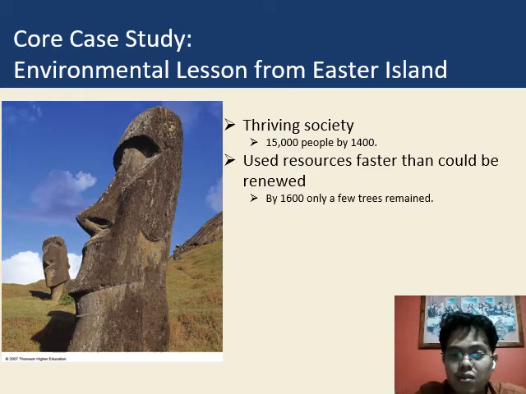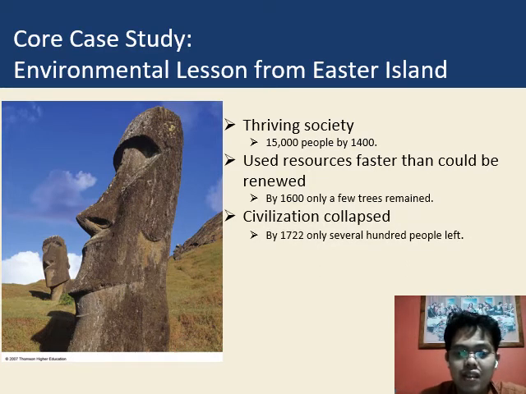But they used resources faster than they could be renewed. So by 1600, only a few trees remained. This caused chaos, famine, then fighting among rival clans. So it led to the collapse of their civilization. And by 1722, only several hundred people were left.